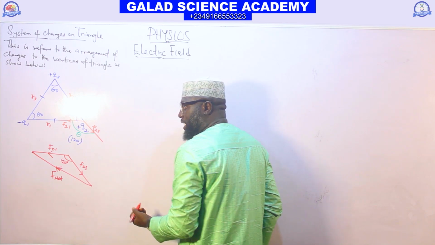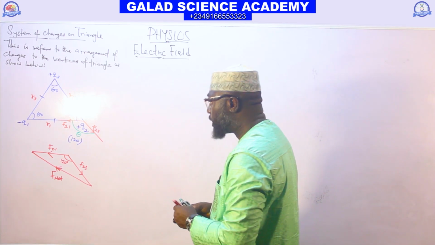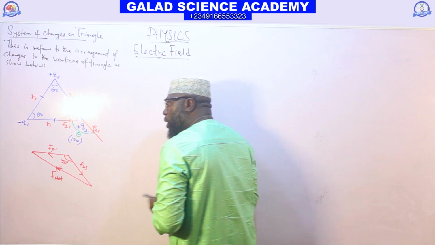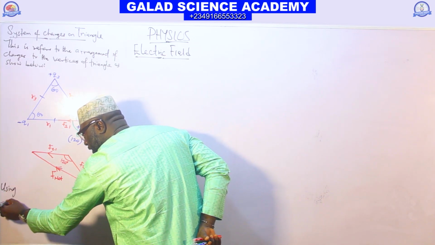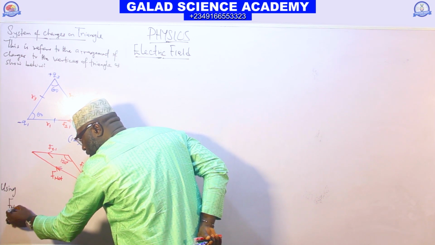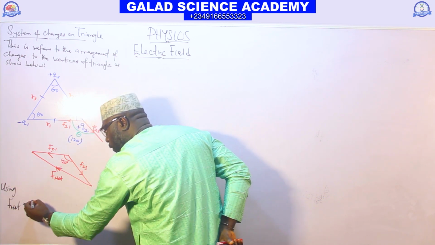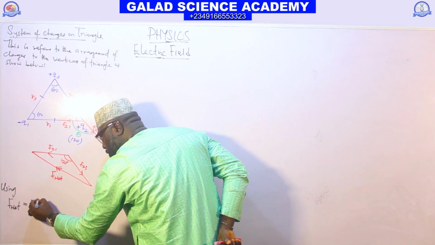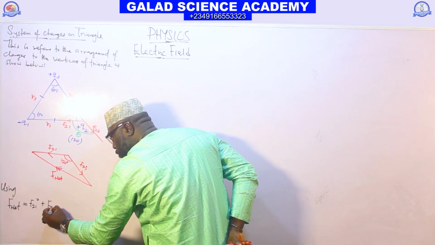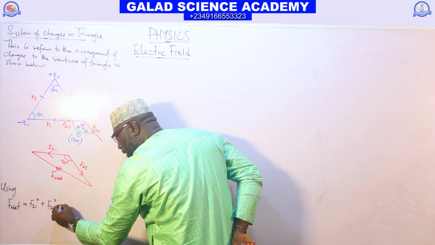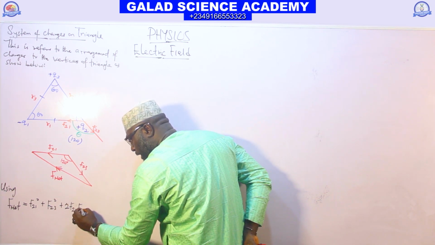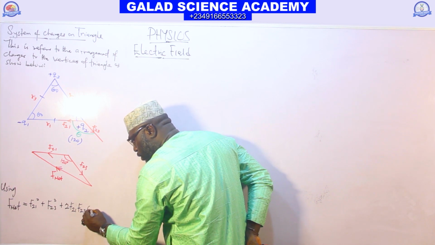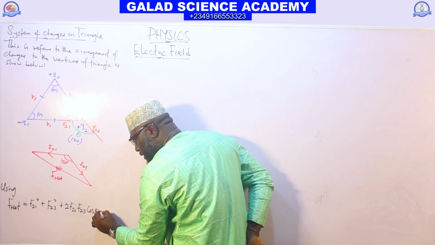120. By subtracting it, for this kind of problem, to know the resultant force, you will use the modified cosine rule for the net force. It will now be equal to the square root of F21 squared plus F23 squared plus 2 F21 F23 cos theta.